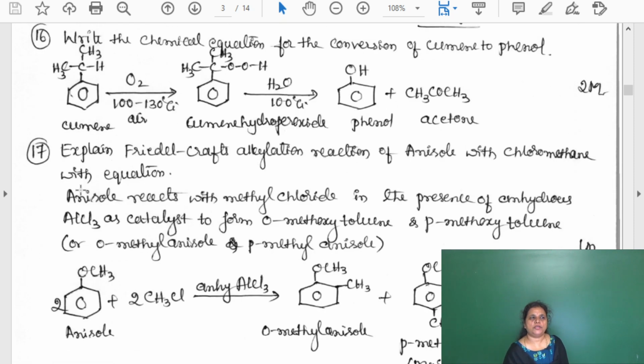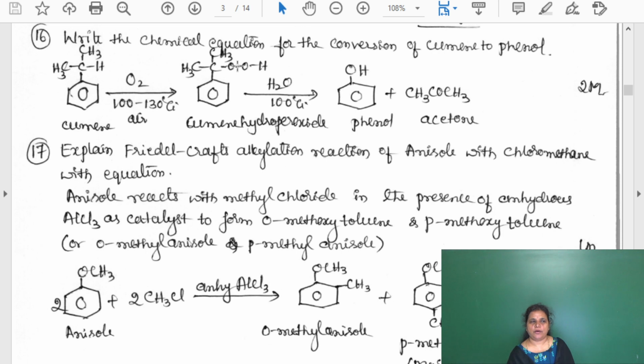Now move on to write the chemical equation for the conversion of cumene to phenol. Here you have two reactions: conversion of cumene to cumene hydroperoxide, and cumene hydroperoxide to phenol with the formation of acetone. First write the cumene and the conditions. It undergoes oxidation when heated with O2 at 100 to 130 degrees centigrade in air. It gives cumene hydroperoxide. Remember, here you cannot write it as COOH.